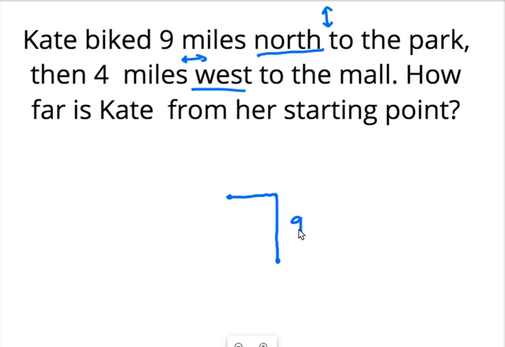So if she goes 9 north and 4 west, that gives me a right angle here. So this is her starting point and this is her ending point. We want to know how far she is from home or from where she started. Imagine that's a straight line.